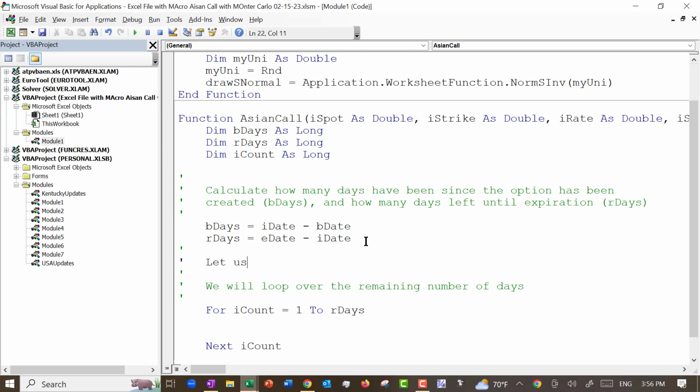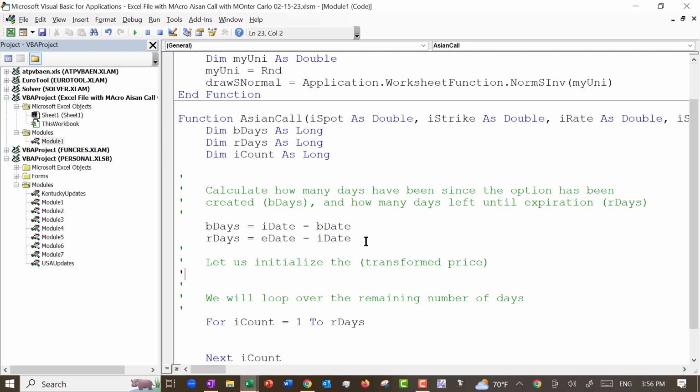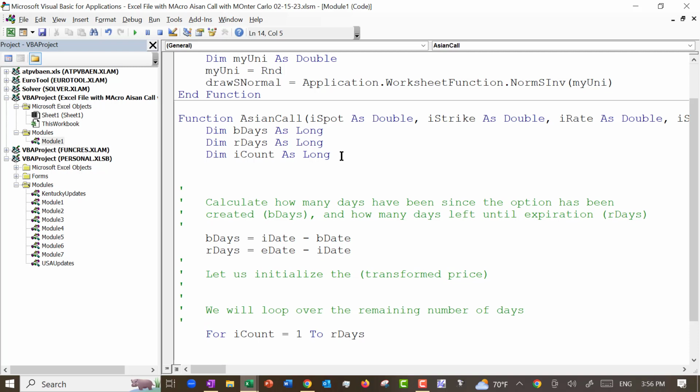Let us initialize the transform price. Let's do this.